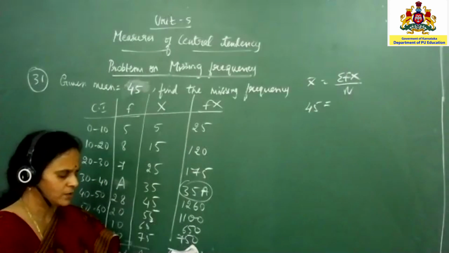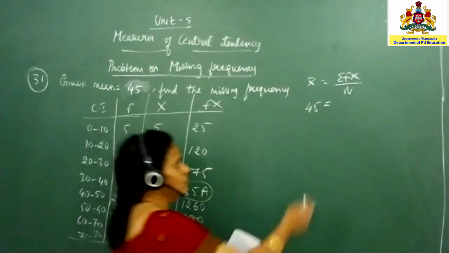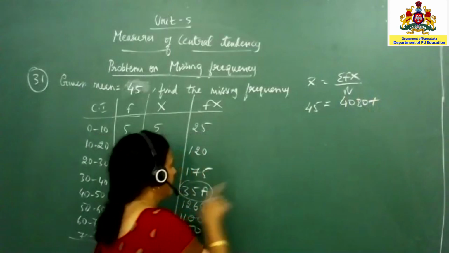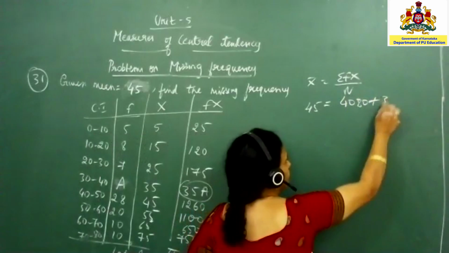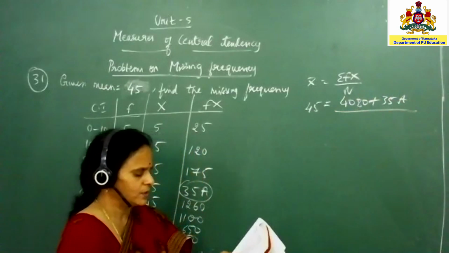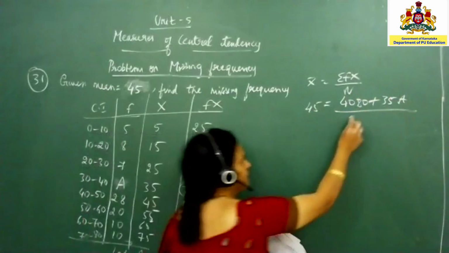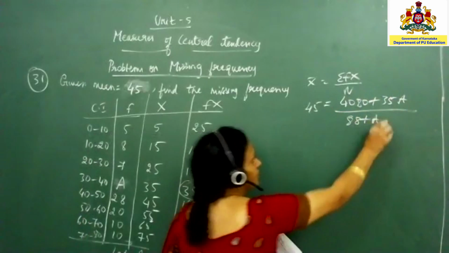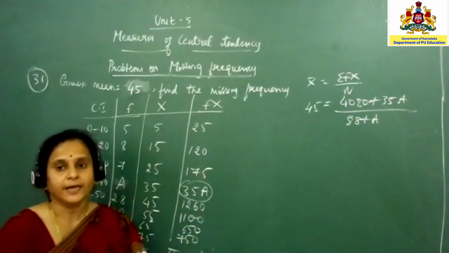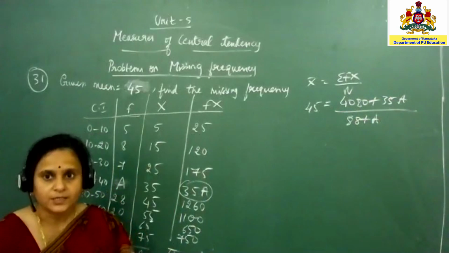So that total goes to 4080. Plus, don't forget this, plus 35a divided by n. So the n total here will be 88 plus a. N total means the second column, frequency column. If I just add up, take 88 plus a because a is unknown.